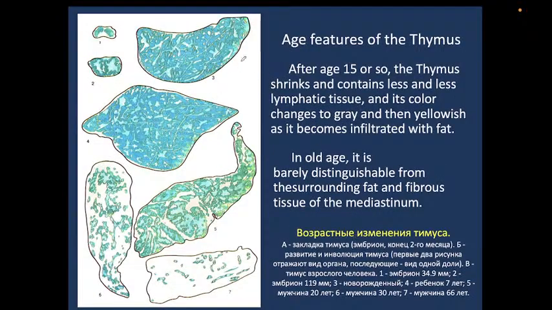Here is the structure of thymus during different periods of life. Number 3 is the typical size of thymus just after birth. Number 4 is the size and structure of thymus in a 7-year-old child, number 5 is 20 years, number 6 is 30 years.